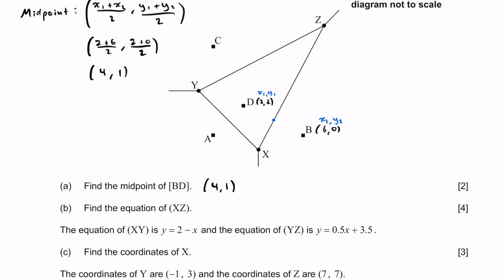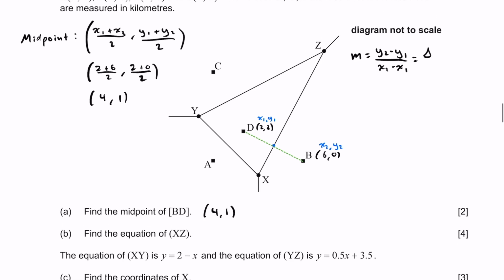Okay, let's work through it. Let's draw the slope between D and B. So here is DB right here. Let's find the slope of this line. The slope of a line is given by m, equal to y2 minus y1 over x2 minus x1, or essentially change in y over change in x.